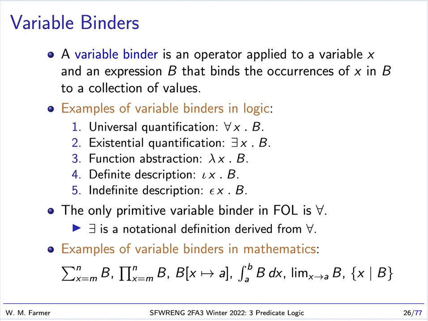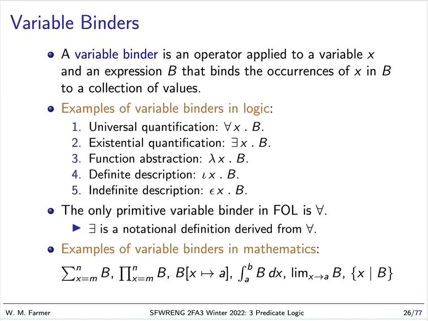We're going to start by talking about variable binders. A variable binder is an operator that's applied to a variable and an expression that may contain occurrences of that variable. The variable binder binds the occurrences of x in B to the collection of values that x ranges over. So variable binders are not like normal operators.